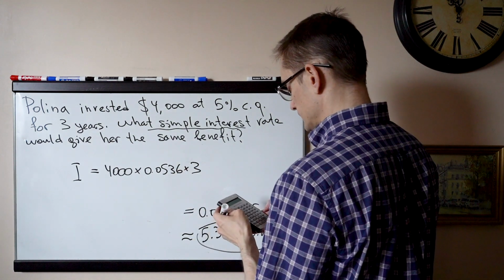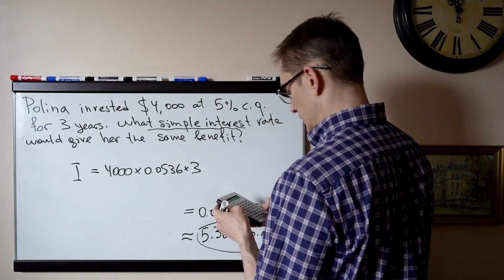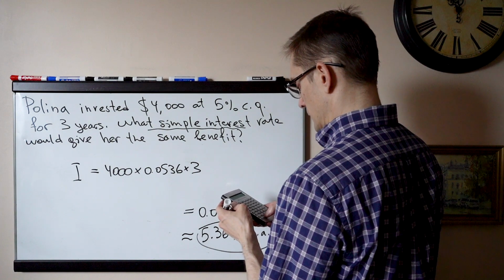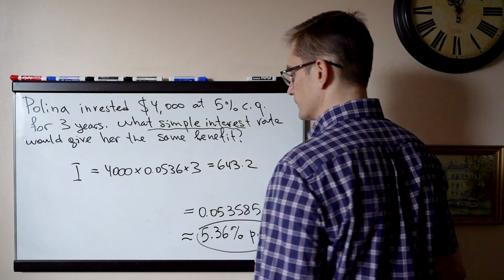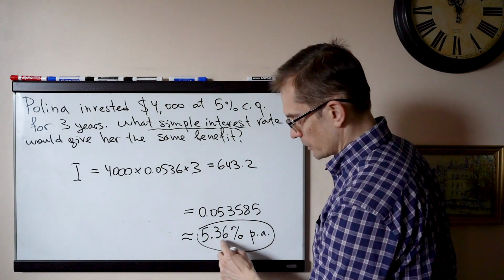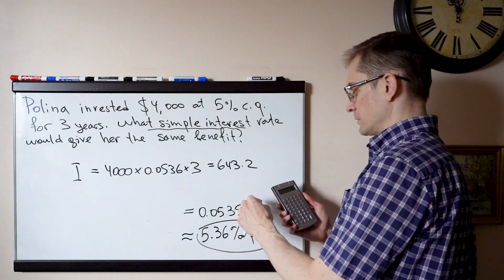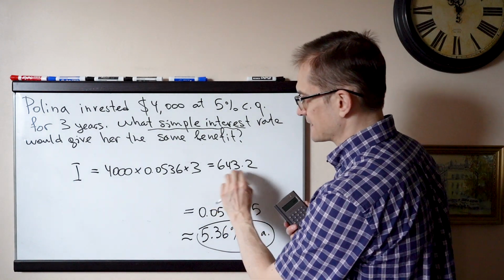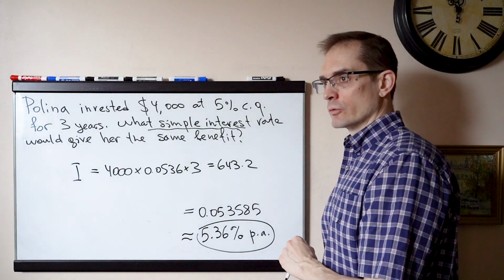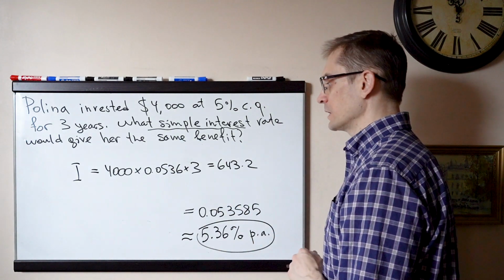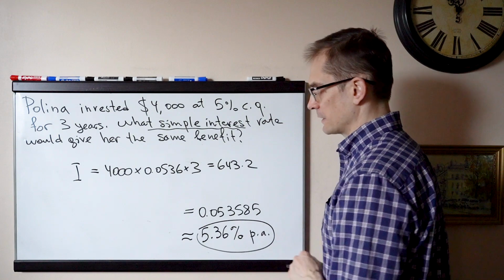That gives 643.2. Keep in mind that we also did rounding here in the rate. With ultimate precision, it's not going to be exactly the interest that we are trying to reach because of that rounding, but that's okay. I already see that our calculation was correct, keeping in mind rounding.